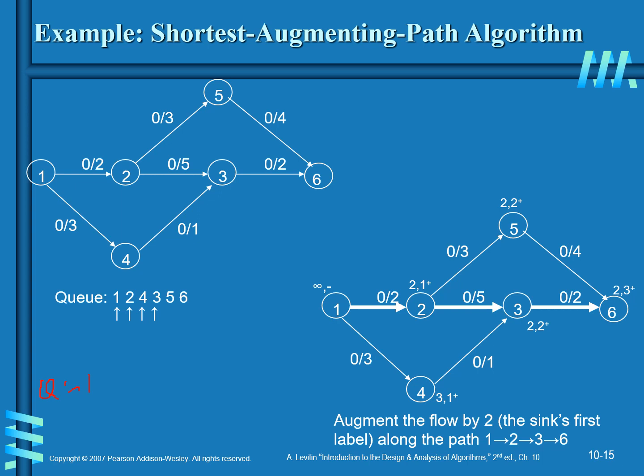Once you have labeled the source vertex with infinity comma hyphen, you put the vertex into the queue. What is the next step? You label the forward edges, next you label the backward edges. Then you check whether the sink has been labeled. If so, you find the augmenting path, adjust the flow, and repeat the process until there are no more augmenting paths between source and sink.